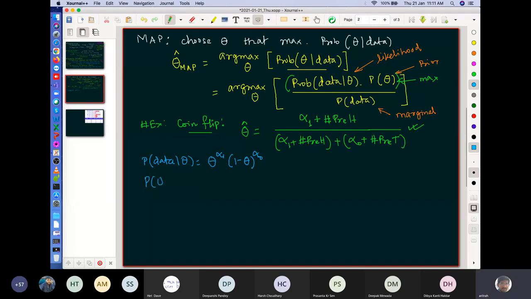Let us assume the prior as a beta distribution. Why I take it this way, at the end of the lecture I will try to tell you about the beta distribution. So my prior knowledge follows a distribution for coin flipping, which is a beta distribution.